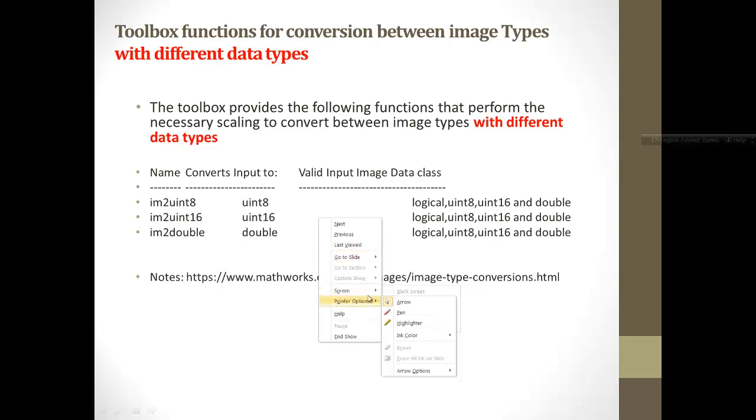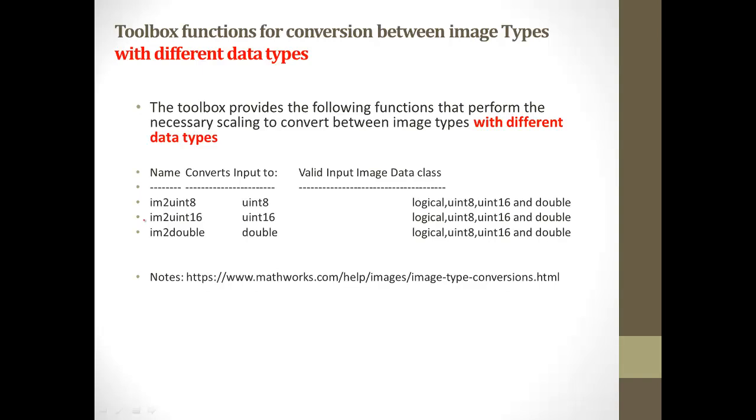Also, let's get the pen first. Also, if we want to convert other type images into unsigned 16 bits images, you can use this function. If we want to convert other type images into double precision images, you can use this function.